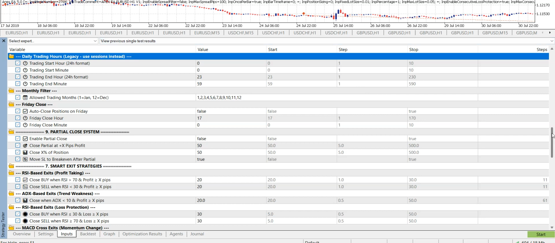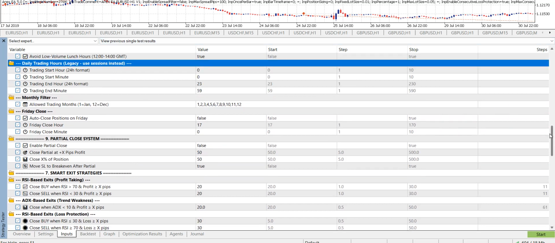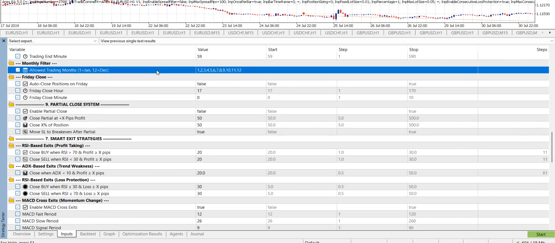Yeah, so it is the old hour-based trading time filter. And something I also included, in a better way than before, is that you can tell the EA which months it is going to trade.